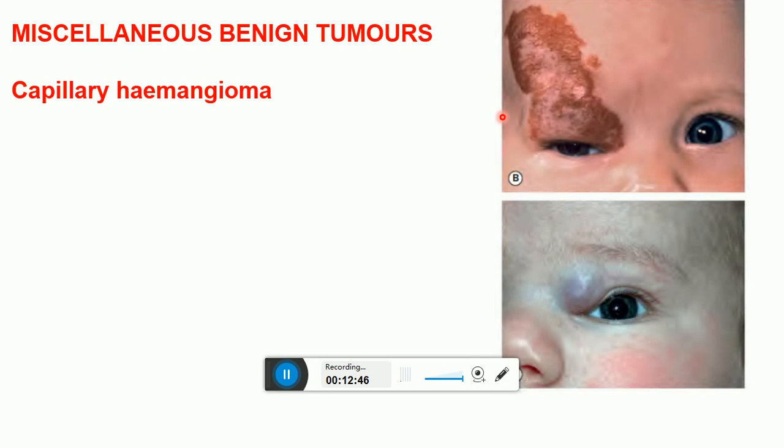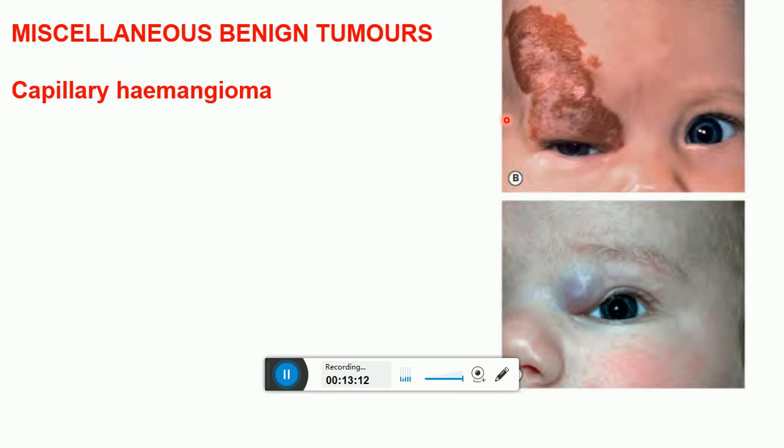Histologically, there is proliferation of varying sized vascular channels in the dermis and subcutaneous tissue, and it presents shortly after birth.